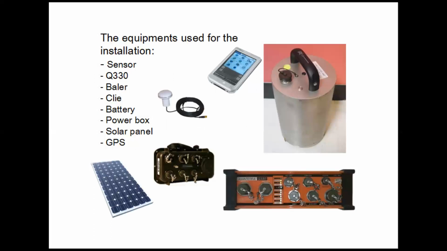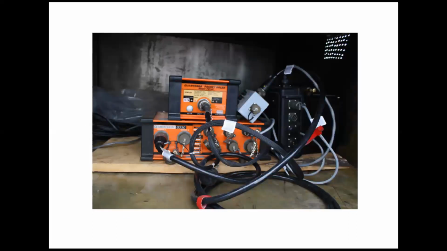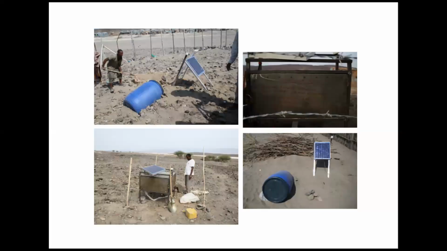The equipment used for the installation is the sensor, the Q330, the baler, the clay, the battery, the power box, the solar panel, and finally the GPS. Again, this picture shows the contents of each station: the Q330, baler, the battery, and the power box.